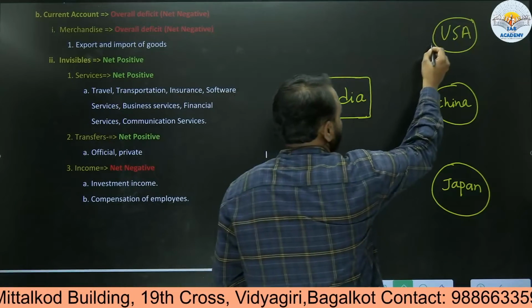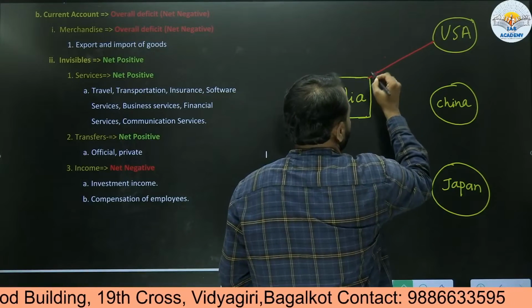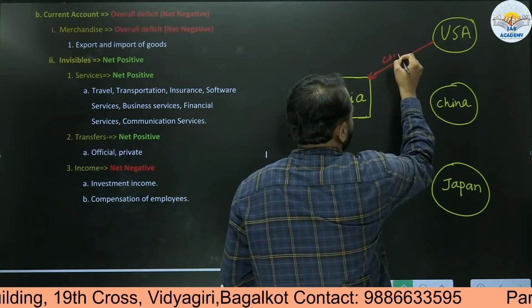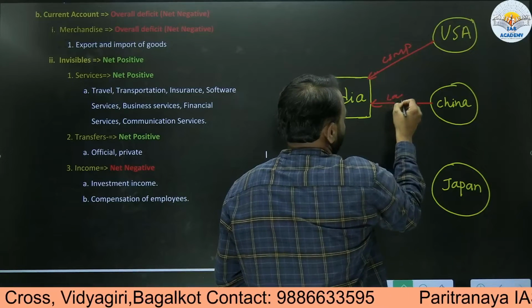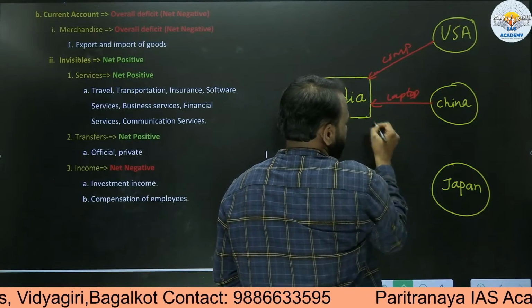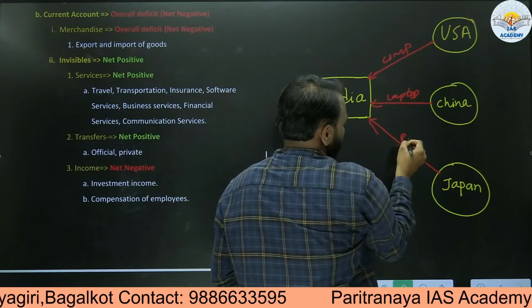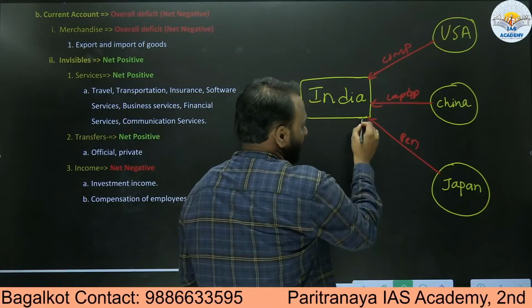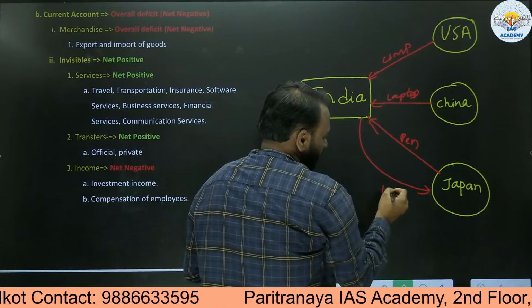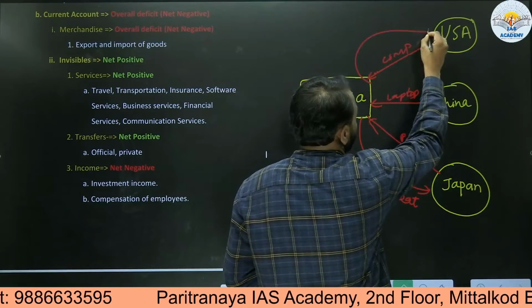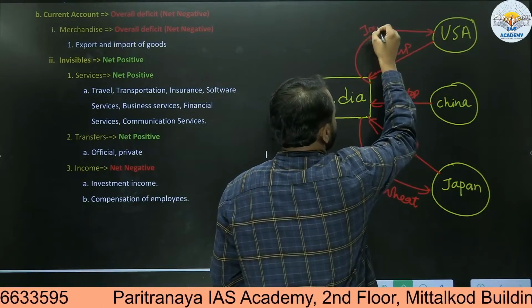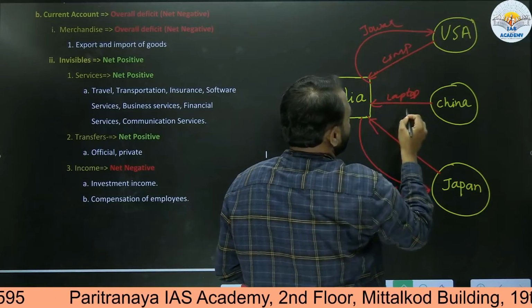Now India, let us assume, buys a computer from USA. It buys a laptop from China. Next, it buys a pen from Japan. Next, it sells some wheat to Japan. It sells some jowar or other grains to USA.